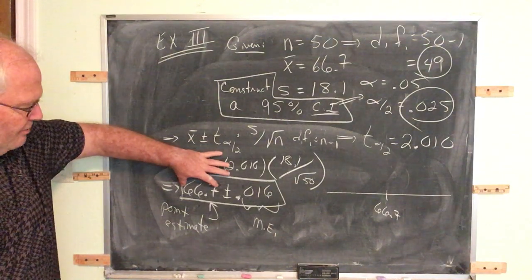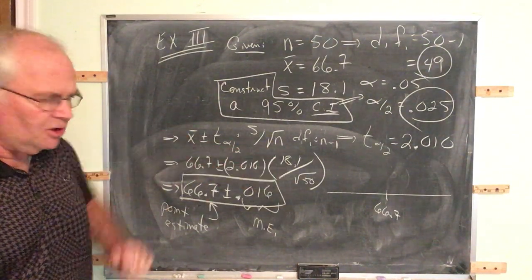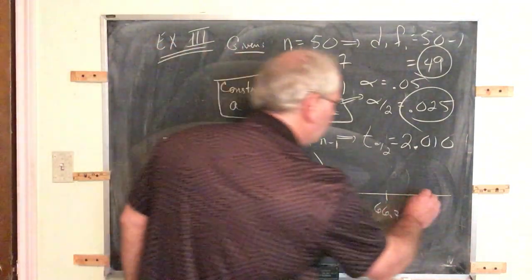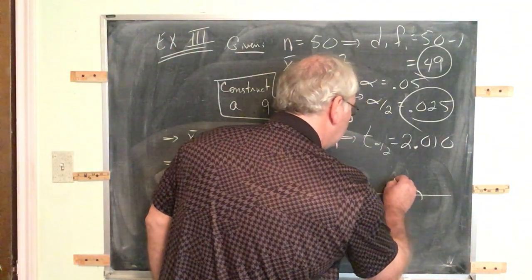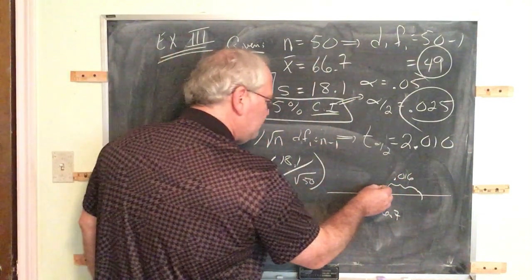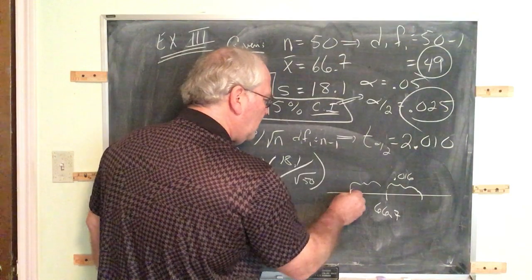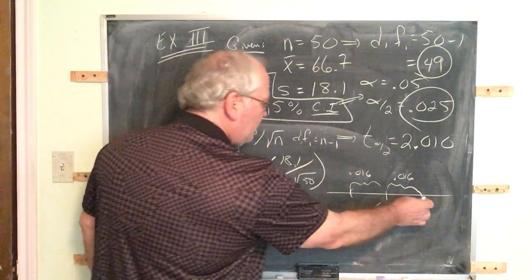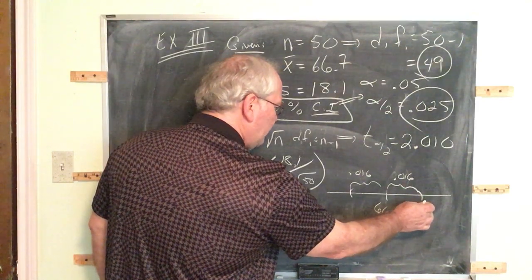So this is called the point estimate. This is called the margin of error. And what that means is we have added 0.016, or minus, we have subtracted 0.016. Now, we should be able to compute this number on the number line.